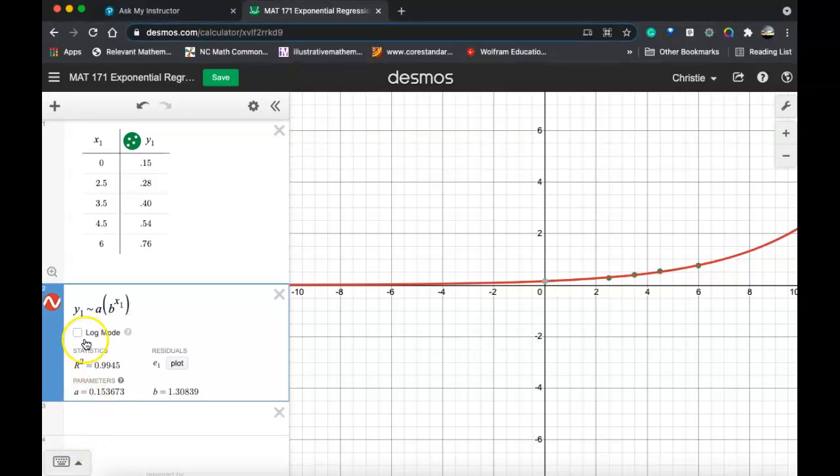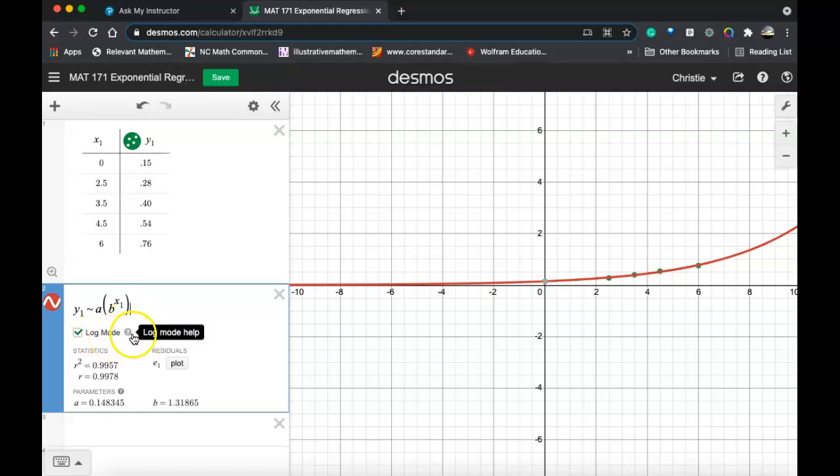One more thing you'll need to do at this point is click the box beside log mode. You can read more about what that does if you click on this question mark here, but the main thing you probably need to know is that the TI calculator uses log mode automatically, a logarithmic transformation.